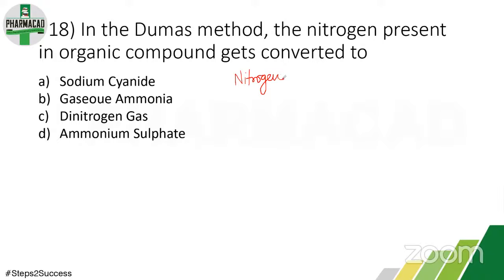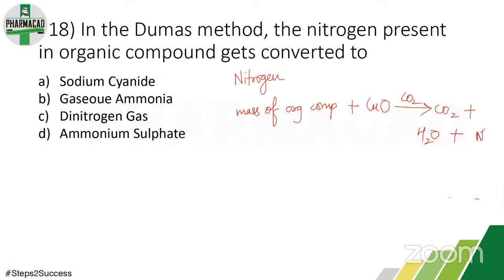In this method, we take mass of our organic compound with copper oxide. After heating in presence of carbon dioxide, we will get carbon dioxide with water and nitrogen gases evolved out.